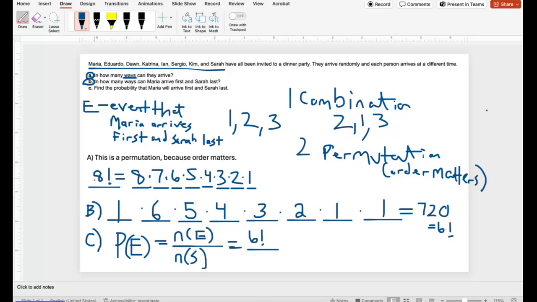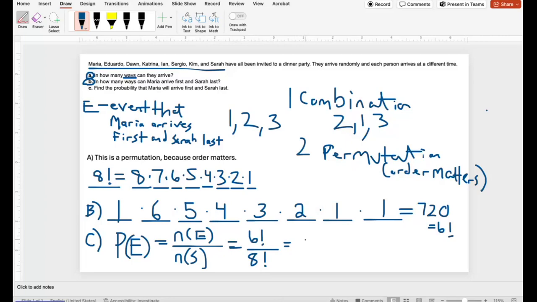And the bottom, the total amount of ways that they could arrive at the restaurant is 8 factorial. And you always have a bigger number on the bottom. Remember, probabilities can only be between 0 and 1. 0 means that it can't happen, and 1 means that it's certain to happen.